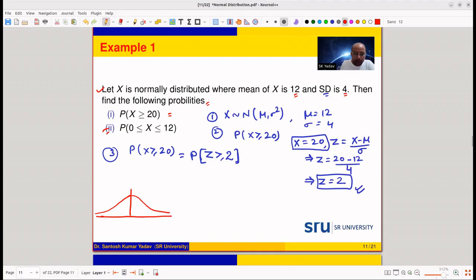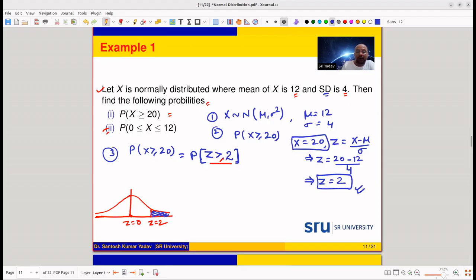And this curve will never meet the x-axis. So here I have z equal to 0, and we want to compute for z greater than or equal to 2. So it will be somewhere here, z equal to 2. And we want this positive right side region because it is greater. So this is the area we want to find out.